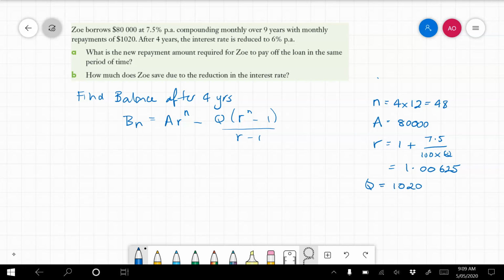So B, the balance after 48 repayments, is 80,000 times 1.00625 to the power of 48, minus the repayment 1,020 times 1.00625 to the 48 minus 1, all over R minus 1.